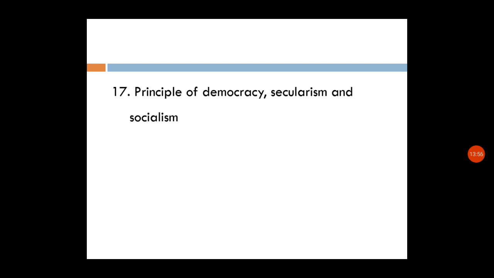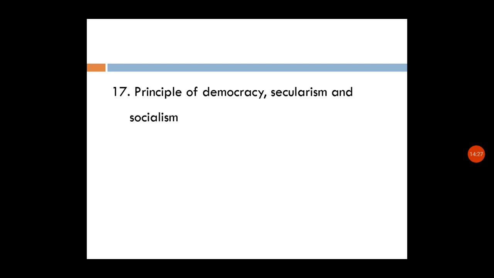Principle of democracy, secularism and socialism. So these are the basic things of our country. Okay, like we are a democratic, secularistic and socialistic country. So these concepts, like how we can make democracy in the students, what is secularism, socialism. So without any differences, all are equal and all are going to become good citizens for our country.